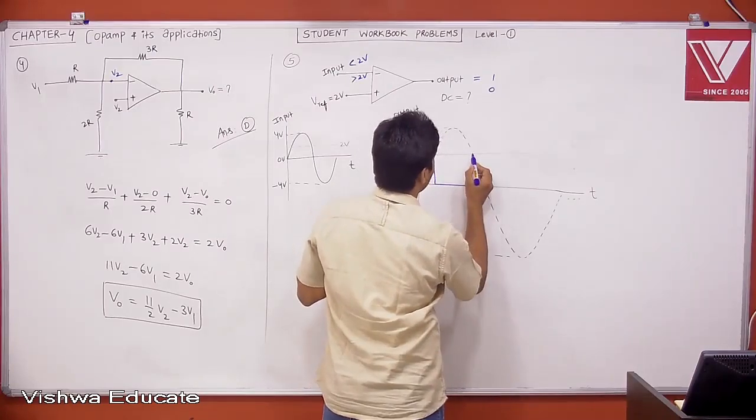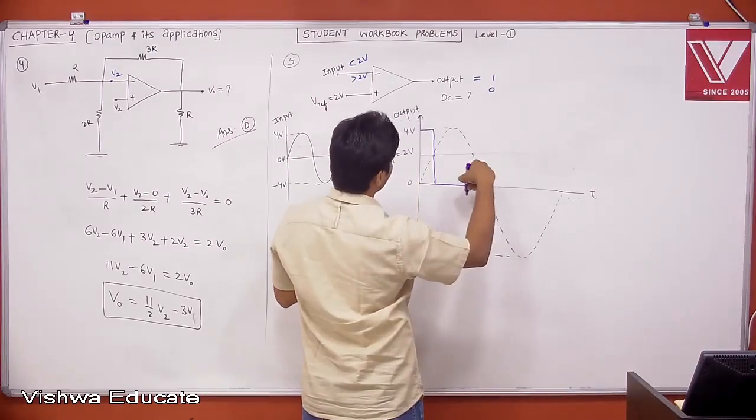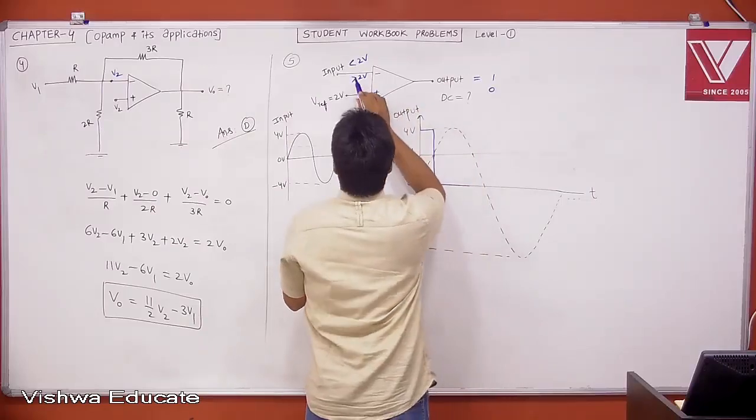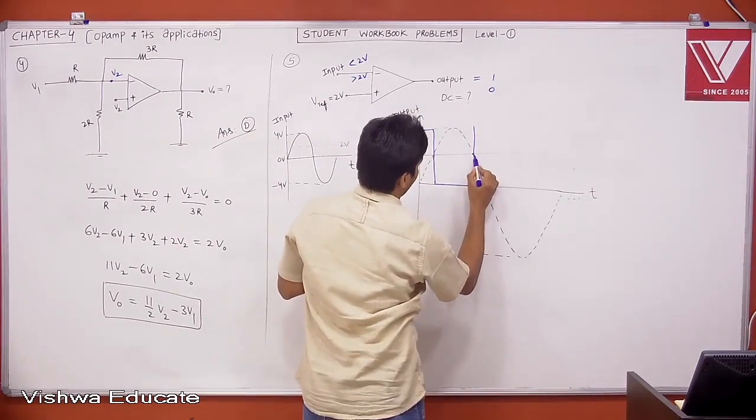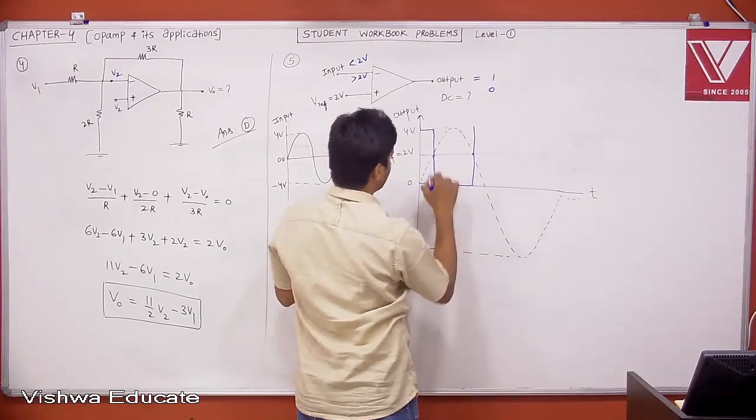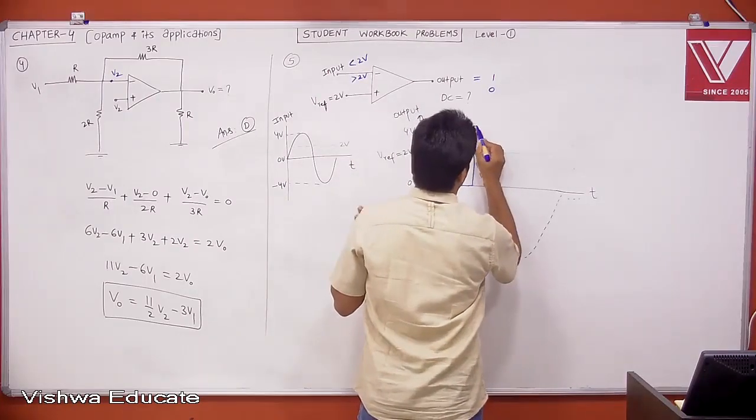Then again, when the input is less than 2, your output is 1. For less than 2, your output is 1.